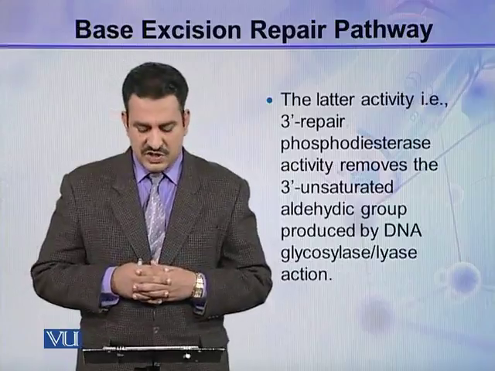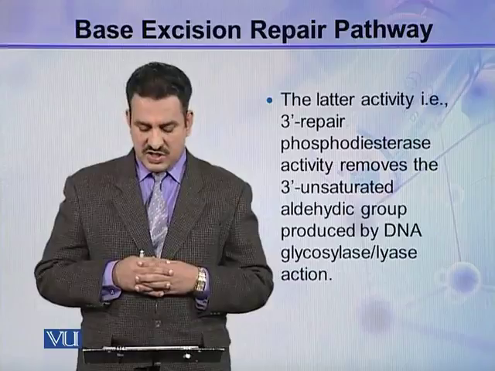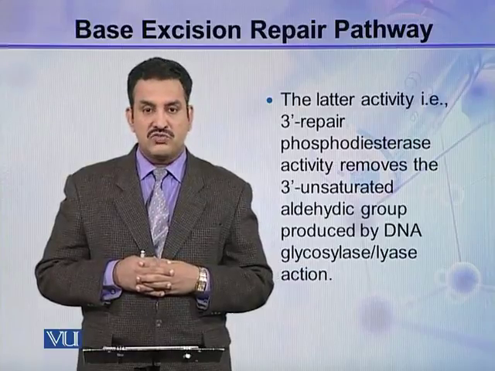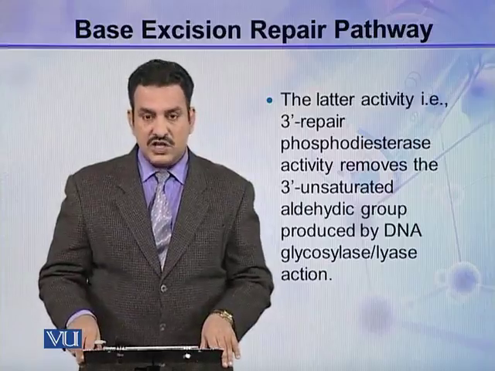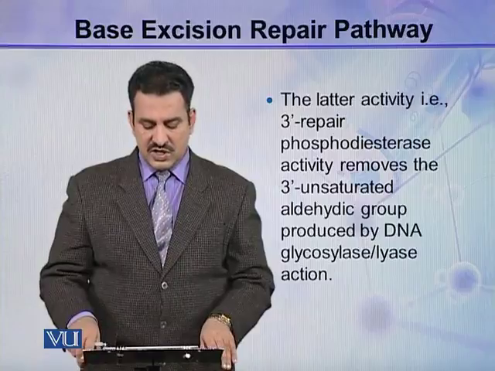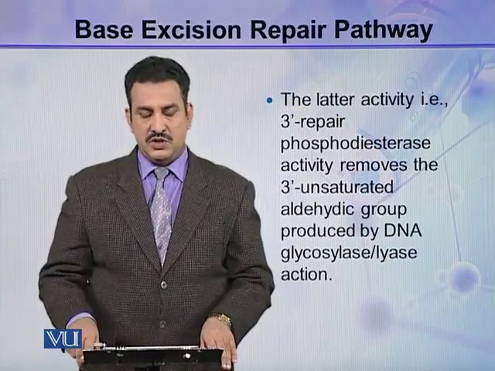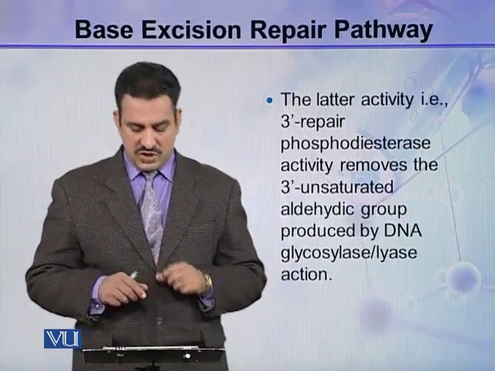The latter activity, that is 3' repair phosphodiesterase activity, removes the 3' unsaturated aldehydic group that is produced by the DNA glycosylase lyase activity. After this activity, an aldehyde group is produced at this site.